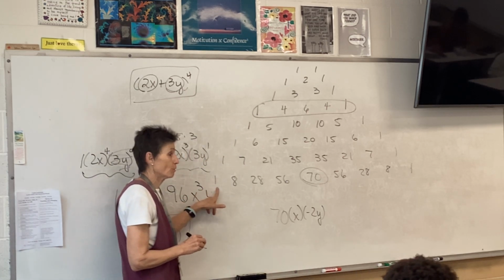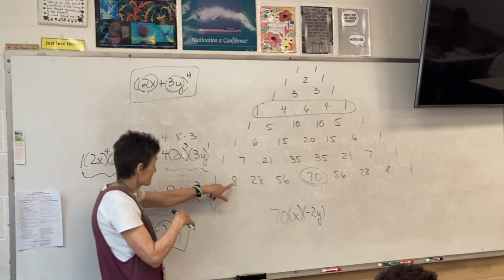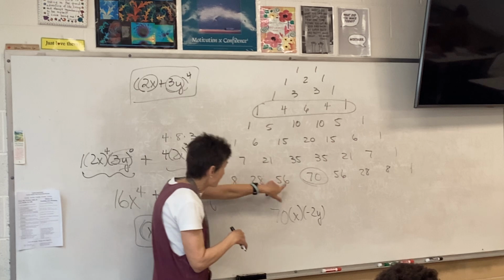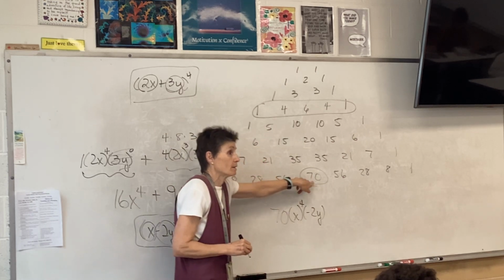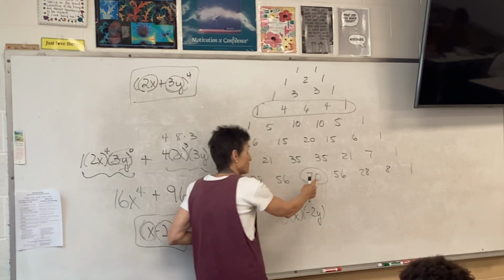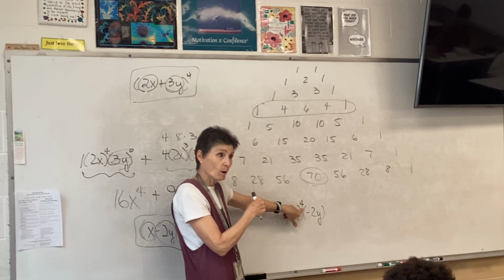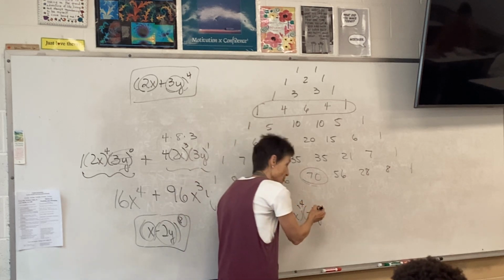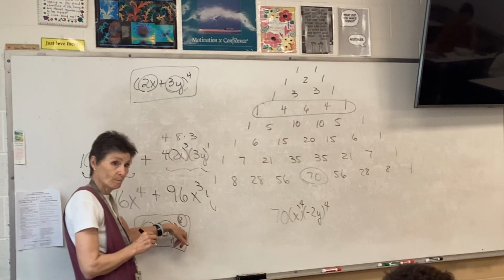So the first term, it would be x to the 8th, 7th, 6, 5, 4. So my x exponent is 4. I'm counting down from 8. 8, 7, 6, 5, 4. And as soon as I put a 4 on that one, I know this one is also a 4 because they gotta add up to 8.